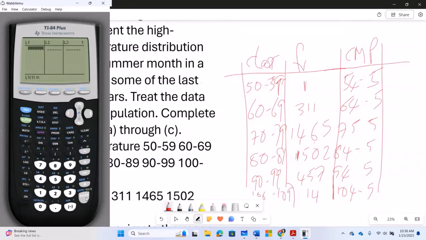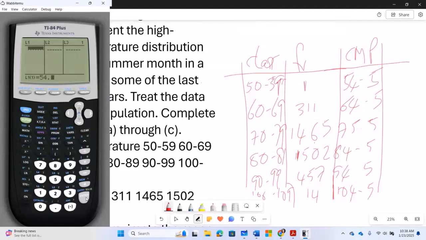All right, so now I am going to put in the class midpoint in L1, frequency in L2, because this is a group data. In a group data, you have frequency. So let me do that. L1 has to be my class midpoint.